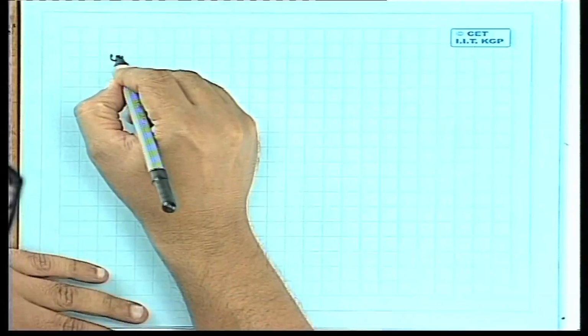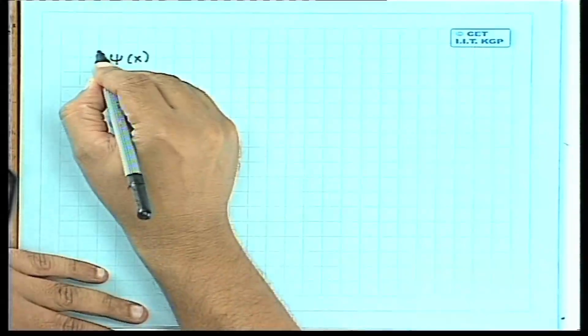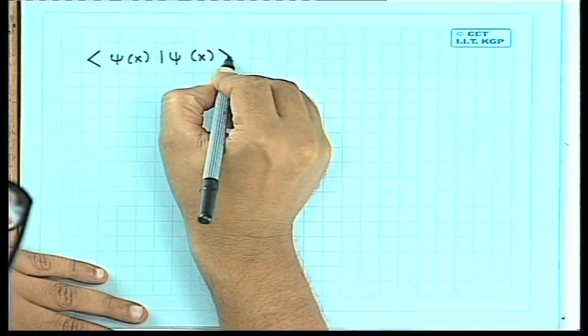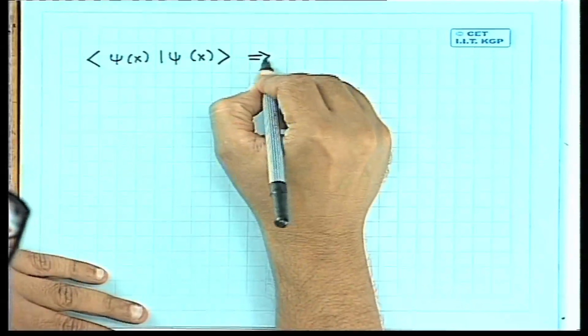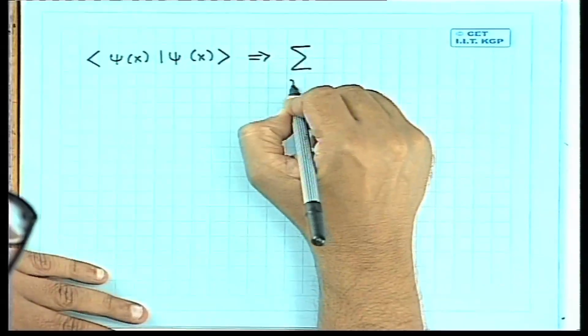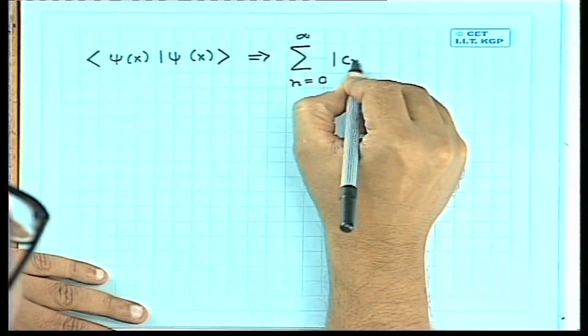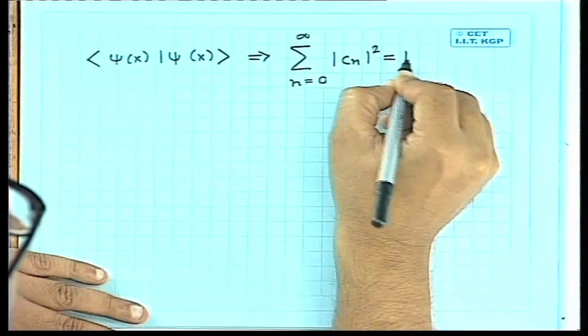In addition, if the wave function is normalized, so if initially psi x is normalized, which is this condition, this implies that the sum of the mod of Cn squared is equal to 1.